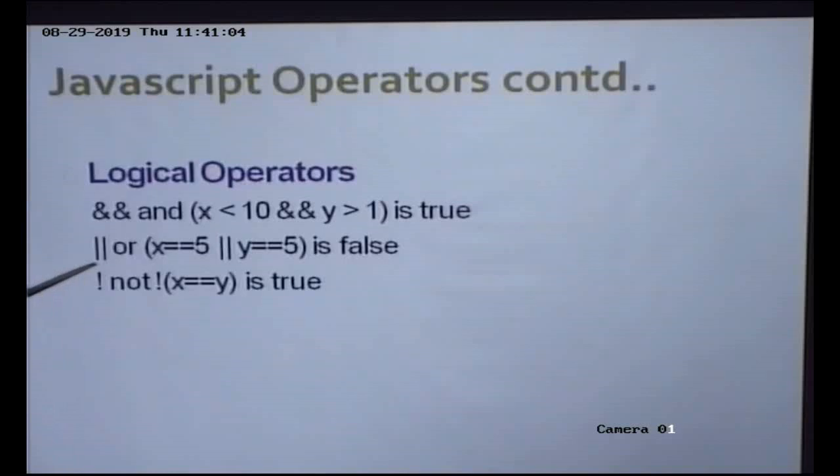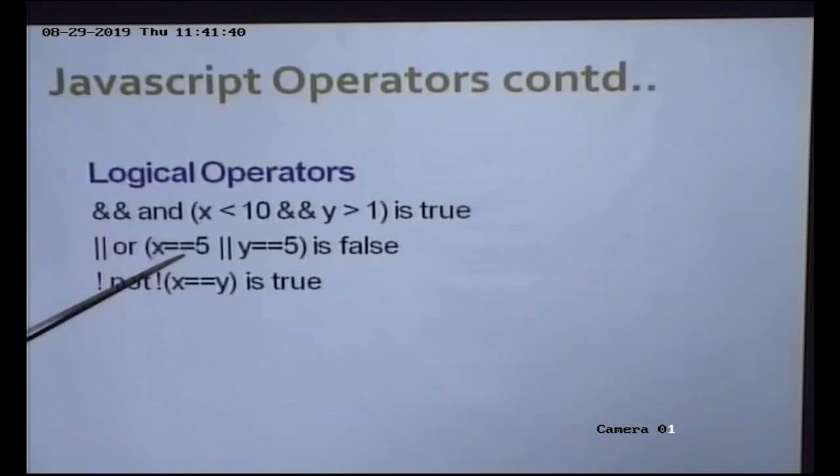What is OR? As I discussed earlier, we have OR. It will check either true or false. If either side is true, then the result will be true. Say for example x is equal to 5 and y is equal to 5, and you are checking both x and y. If both comparisons are false, then it is false.